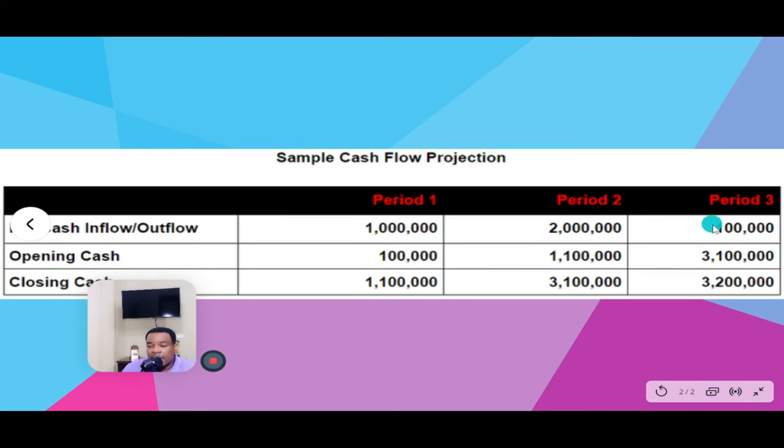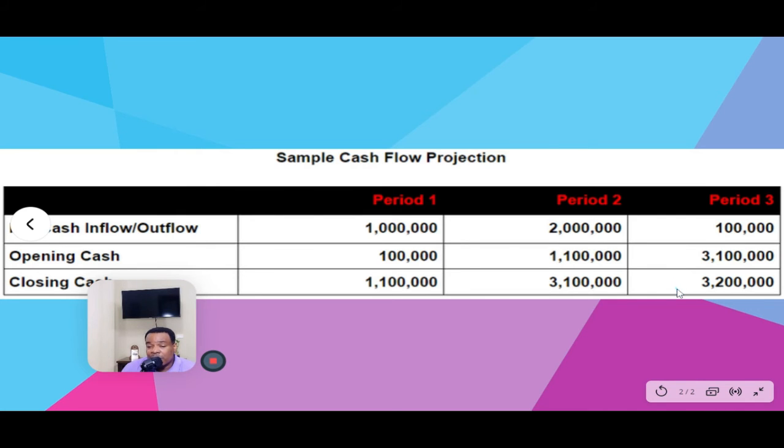In period 3, hypothetically I've worked out my net cash inflow to be just 100,000. The opening cash for period 3 is my closing cash from period 2. Follow that? And so at the end of period 3, my closing cash becomes $3.2 million.